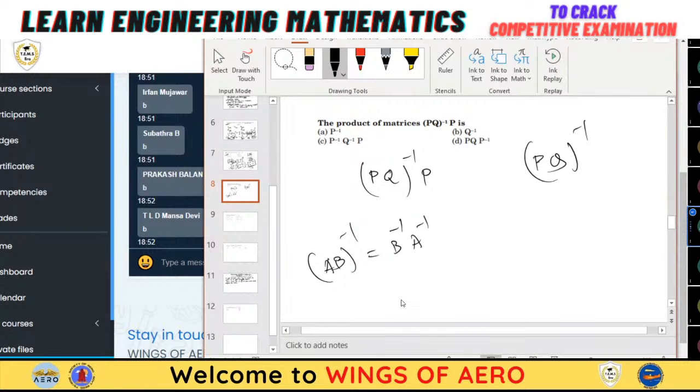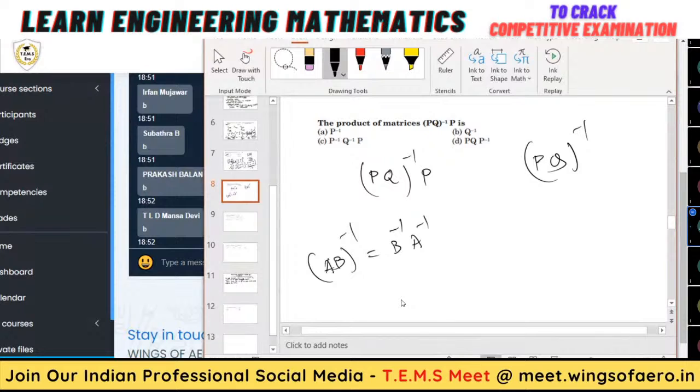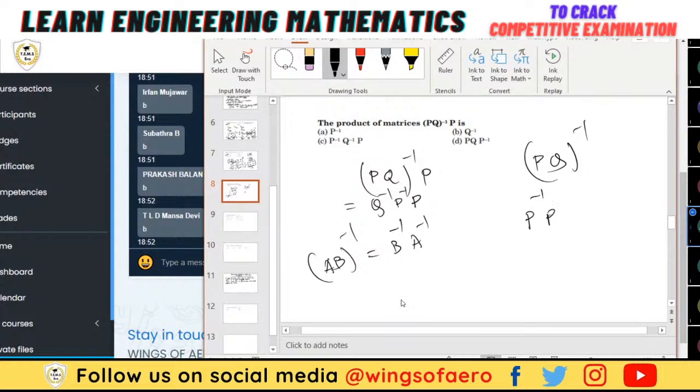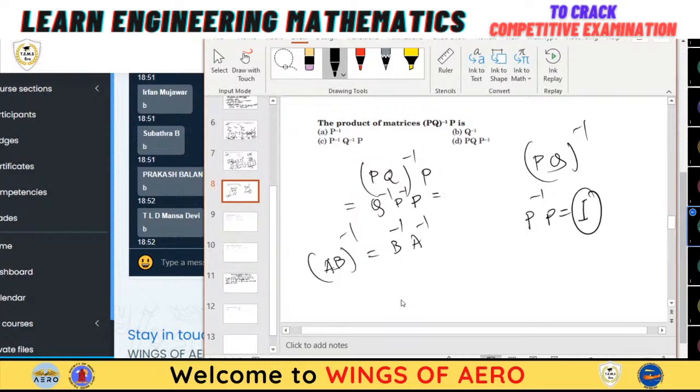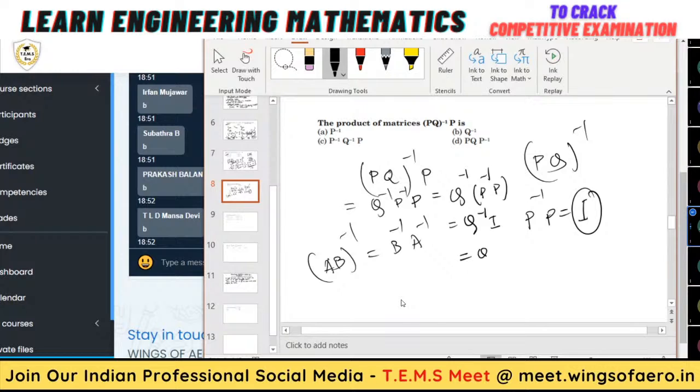Just like the transpose, (AB) whole transpose is B transpose A transpose, so (AB) whole inverse is B inverse A inverse. So (PQ) whole inverse, we can write as Q inverse P inverse, and P. And we all know that P inverse P is nothing but the identity matrix I. So it is Q inverse P inverse P, and P inverse P equals I. So it is Q inverse I, and Q inverse I equals Q inverse itself. So the answer is B.